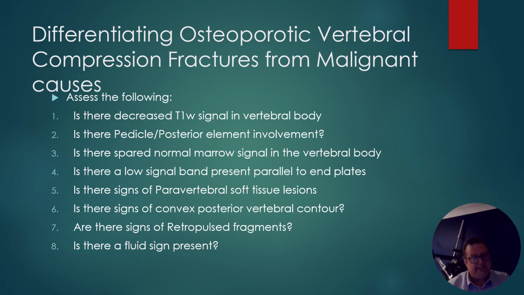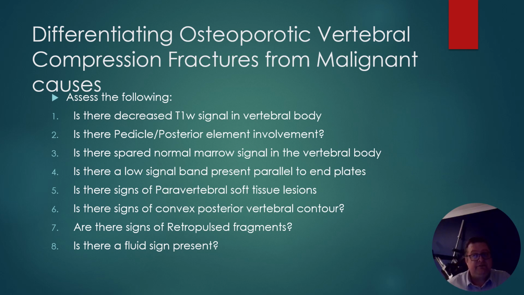So when we are differentiating vertebral compression fractures of an osteoporotic nature from a malignant nature, there are some things we need to be aware of. We need to be aware of the signal in the vertebral body. We need to look at the posterior element of the vertebral body, or the pedicles. We look for any spared marrow. Are there any signs of low signal bands parallel to the end plates?